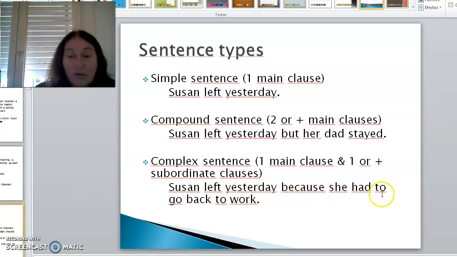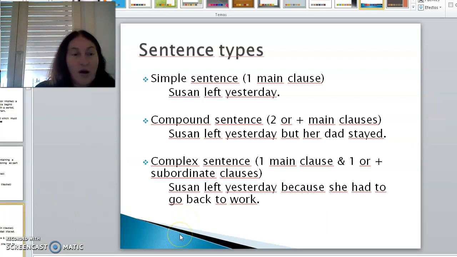But if you look at it, you see that it cannot stand on its own. This clause depends on the main clause, "Susan left yesterday." We have two clauses, but one depends on the other, okay? They are not operating at the same level.